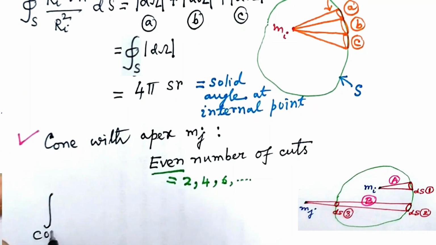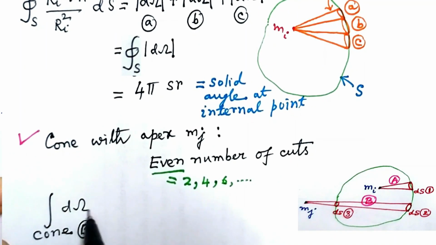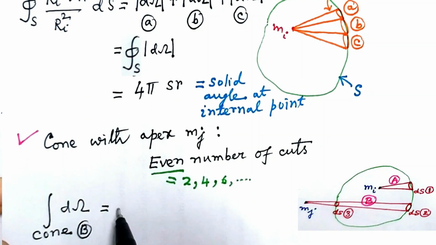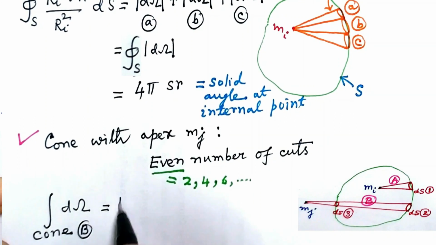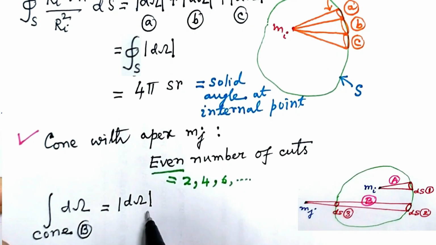Consider the integration of our cone encircled B d omega. Let us write the contributions now. It is mod d omega, which is the contribution of ds labeled by the number encircled 2, at which theta is acute as cone B exits from S here.